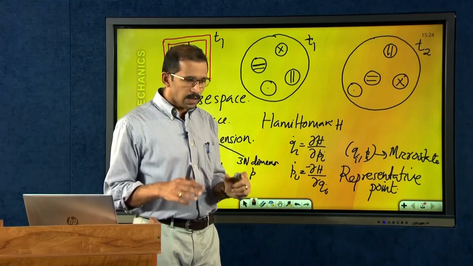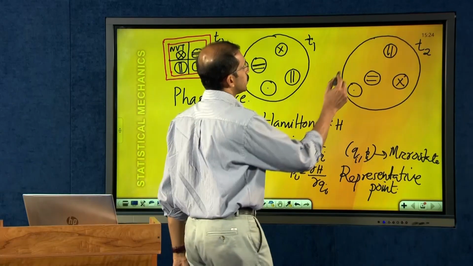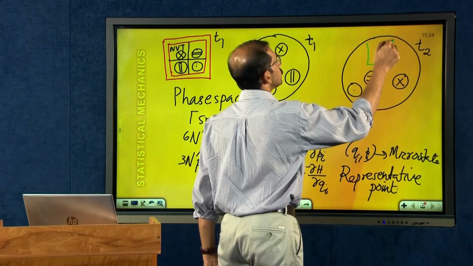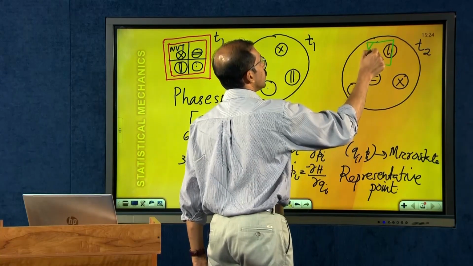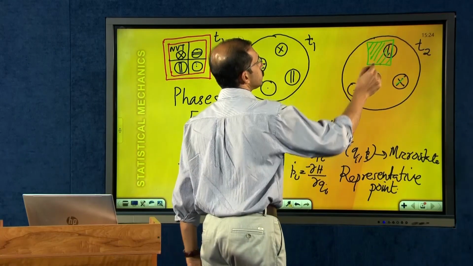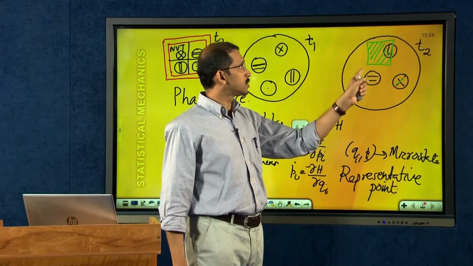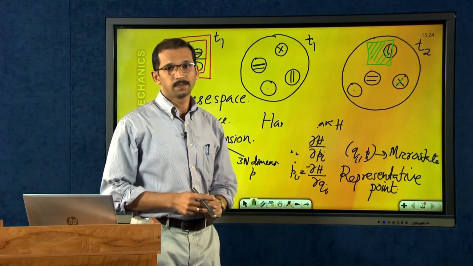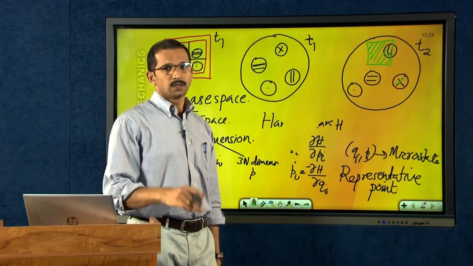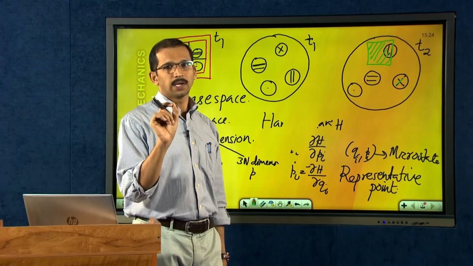So, if I ask you to take a volume, for example, take this volume, and I ask you how many microstates will be there in this volume. So, this is a count. That count is valid for a particular time.